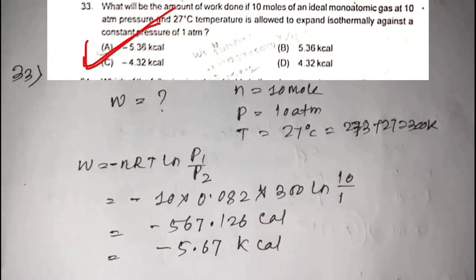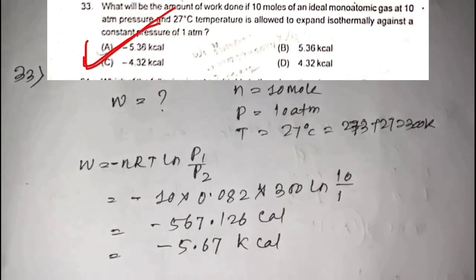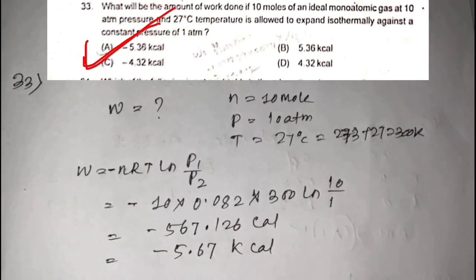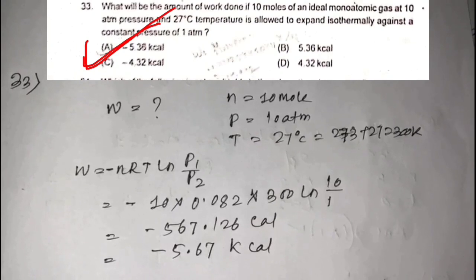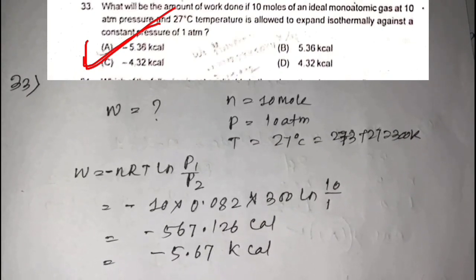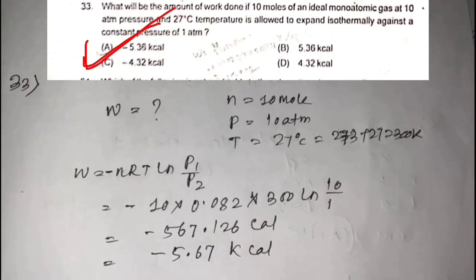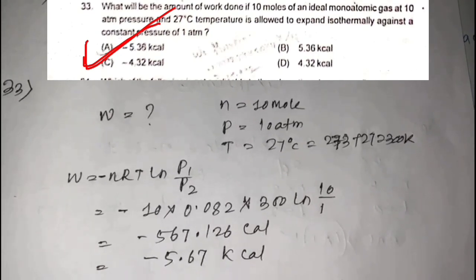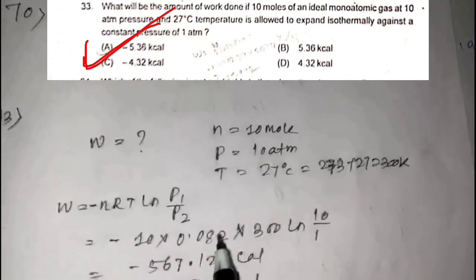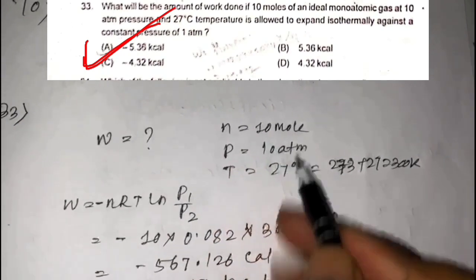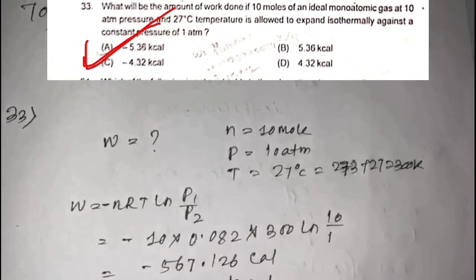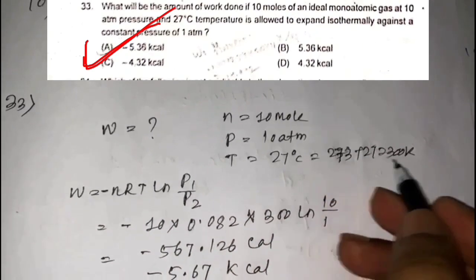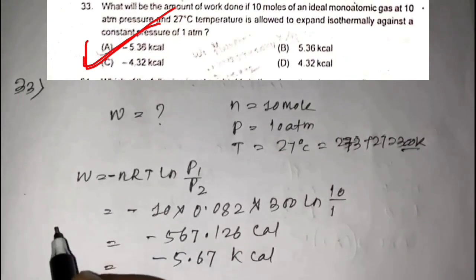Next, question number 33. What will be the amount of work done if 10 moles of an ideal monoatomic gas at 10 atm pressure and 27 degrees centigrade temperature is allowed to expand isothermally against a constant pressure of 1 atm? This is from thermodynamics. Here n is given, that is 10 mole, P is 10 atm, and T in centigrade is 300 Kelvin in the Kelvin scale.